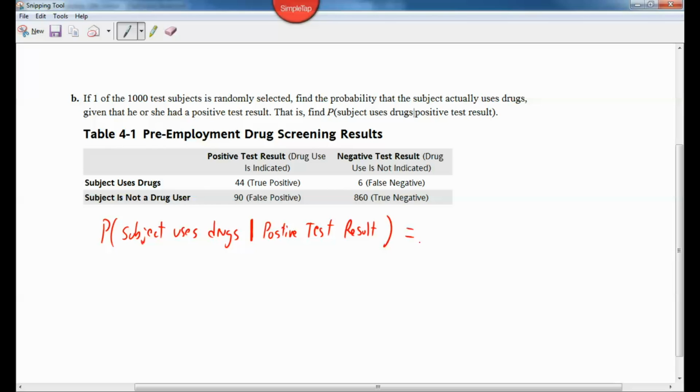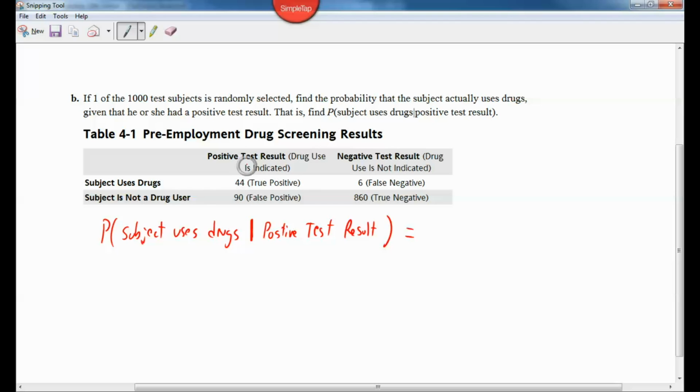All right, so let's think about that intuitively. Let's assume that the person has a positive test result. So you see, here are the people that have positive test results.